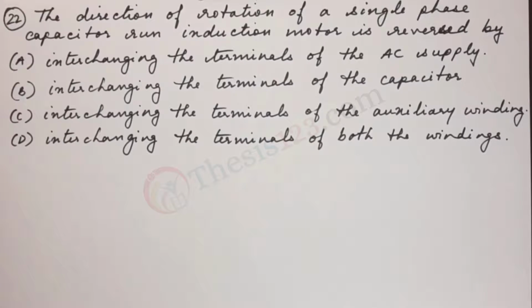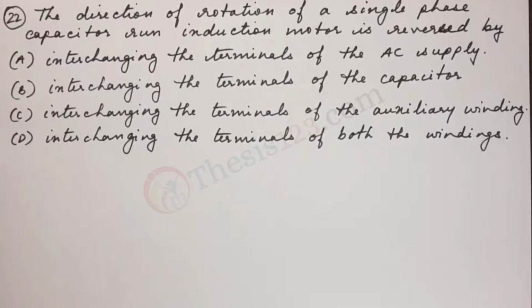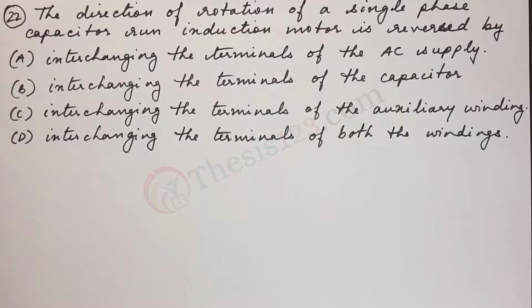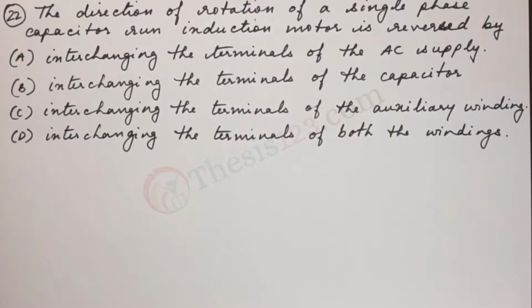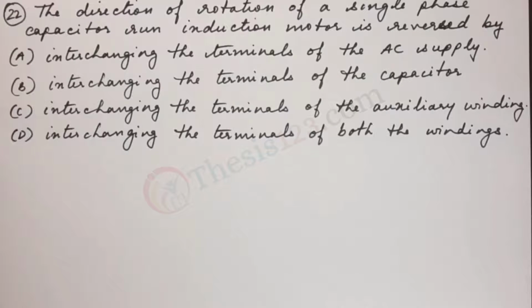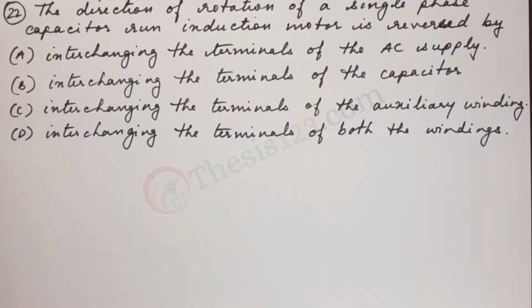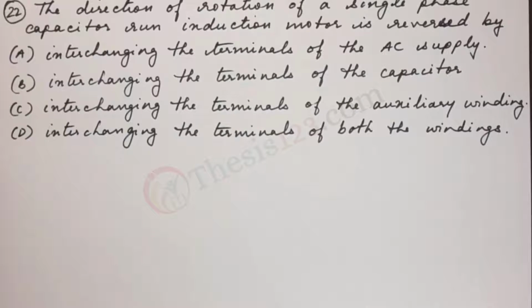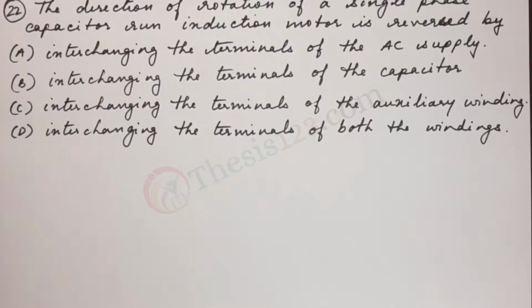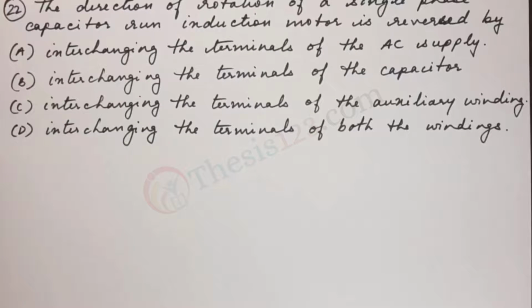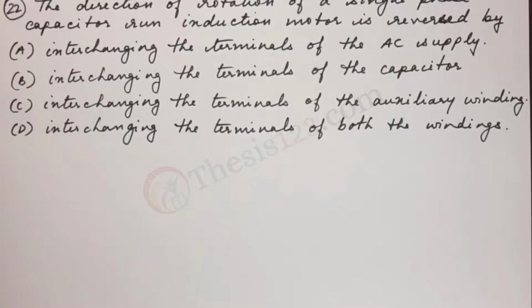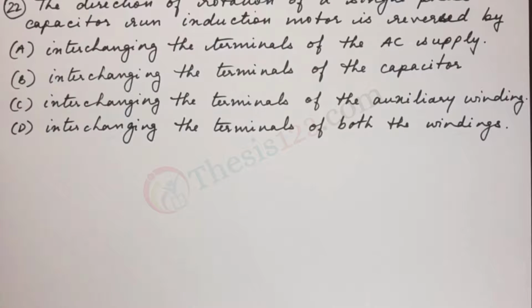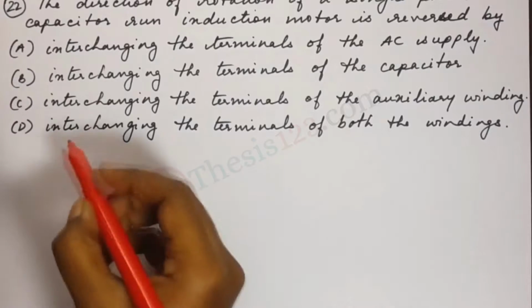Okay, so in order to change the direction of rotation of a single phase induction motor, we will have to think about the rotating magnetic field. The rotating magnetic field can be changed. When the rotating magnetic field direction is changed, then the direction of rotation of the motor is changed as well.